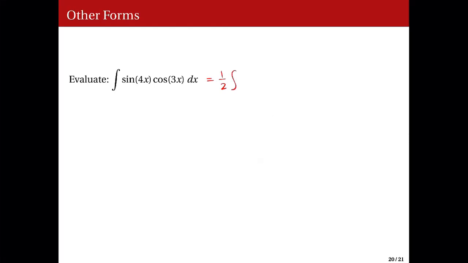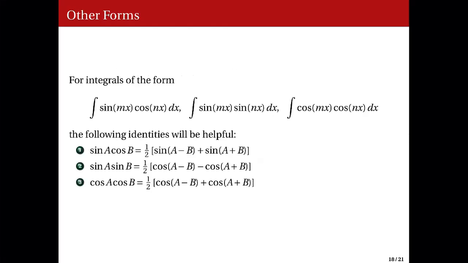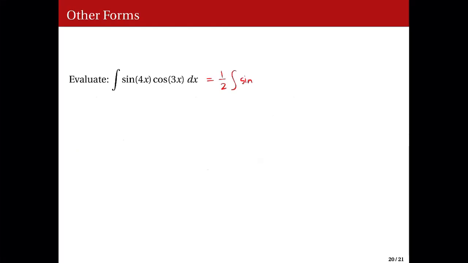Sine and cosine here, so we will use this: 1/2 quantity sine A minus B plus sine A plus B. So in here you have sine 4x minus 3x plus sine 4x plus 3x, and then the dx.